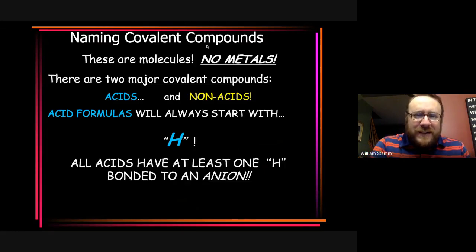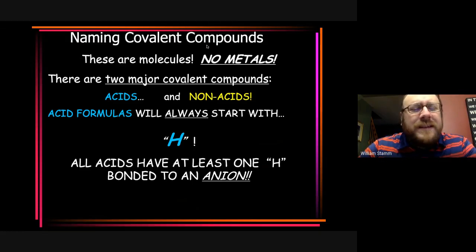Usually it's hydrogen bonded to an anion, some kind of negatively charged element, with some exceptions to the rule, but that's a general rule you can follow. And we'll get to acids later. None of the examples we see today will be acids, because we're only going to learn about non-acid naming. But when we start talking about acids, you'll see a way that these always appear.